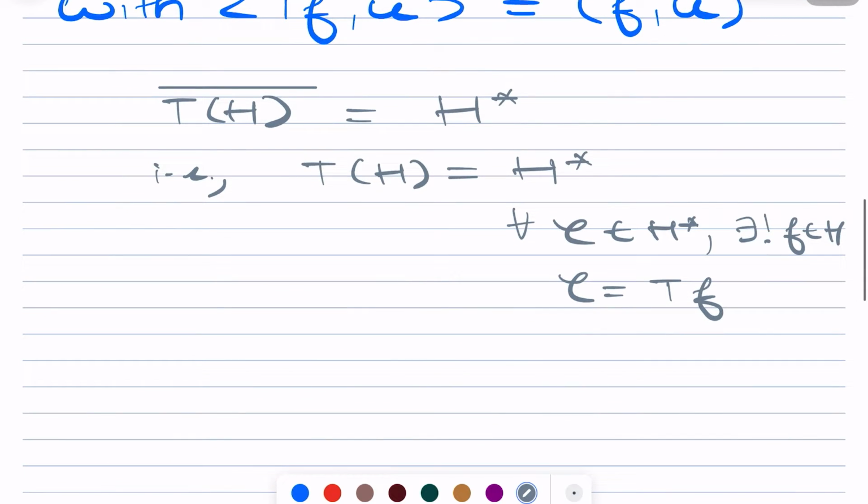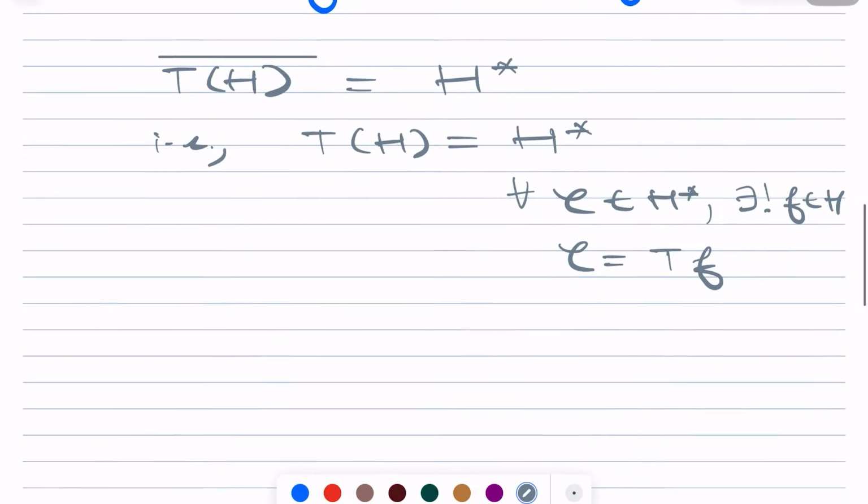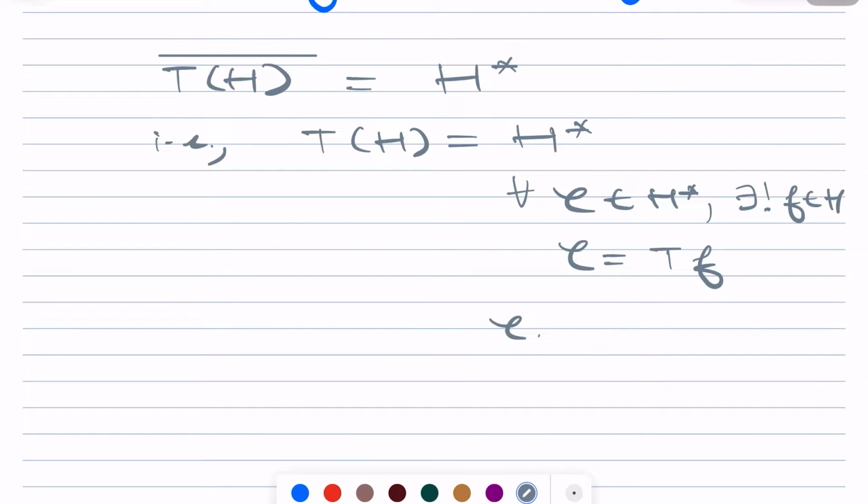Saying that phi is exactly T(f) means they agree pointwise, so phi(u) will be exactly this dual pairing, which we define to be a scalar product of f and u. And then it will be done. So this is the main idea of the proof.